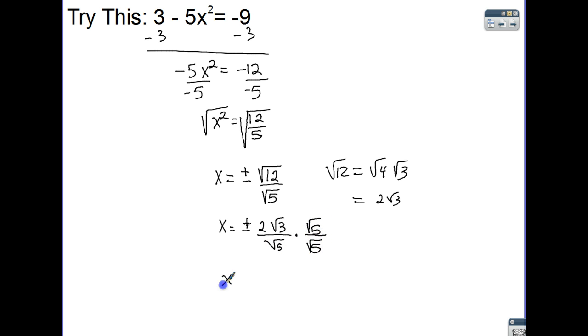In the numerator, plus or minus 2 square root of 3 times the square root of 5, multiply those radicands, the square root of 15. In the denominator, square root of 5 times square root of 5 is 5, and there's our answer. Alright, that one wasn't quite as easy as the last one. We had that fraction in there.